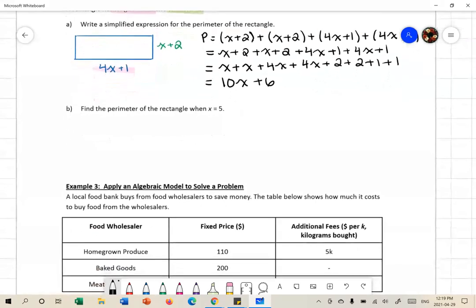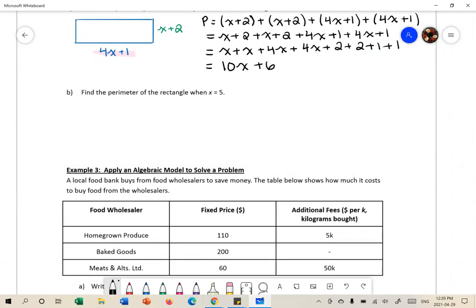Part B, find the perimeter of the rectangle when x is equal to 5. I'm going to begin by writing our simplified expression for perimeter. And then I'm going to substitute 5 for x.